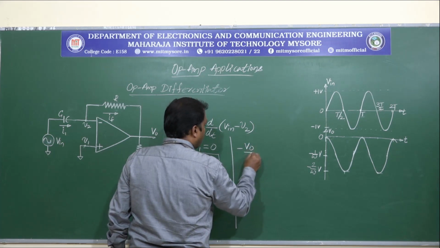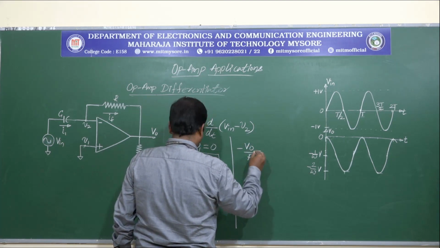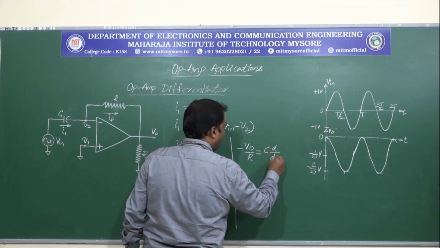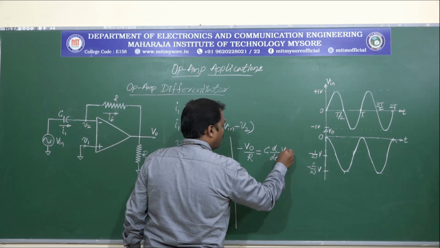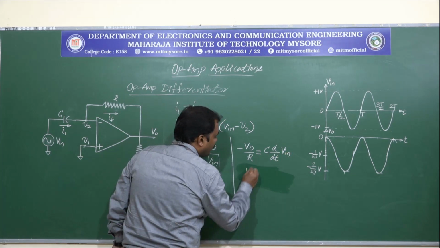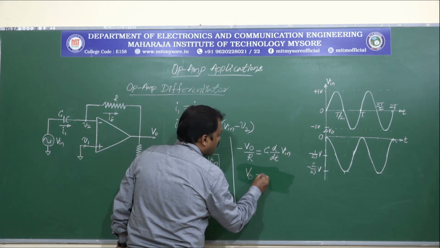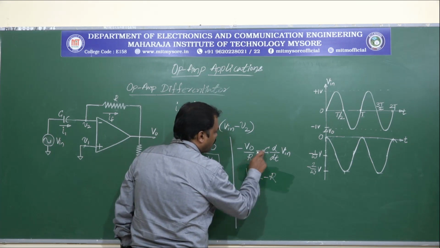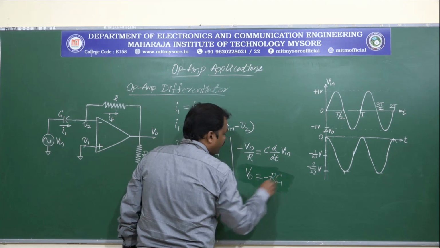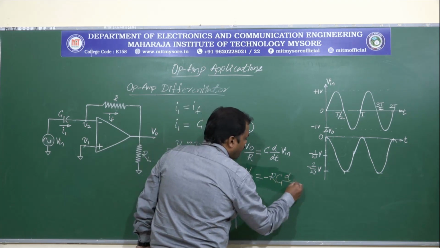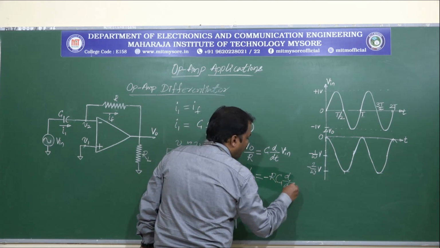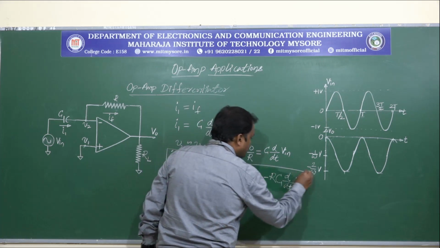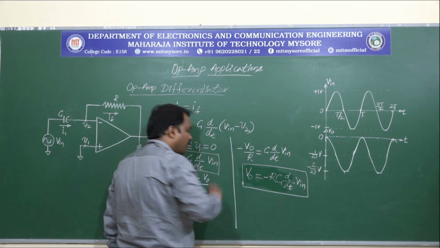Minus V naught by R is equal to C into d by dt of Vin. So V naught is equal to minus R into C into d by dt of Vin. So this is the expression we have for V naught.